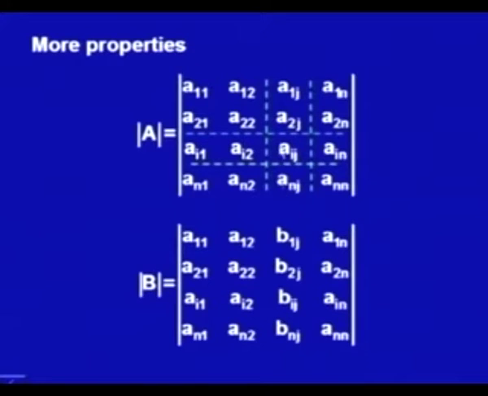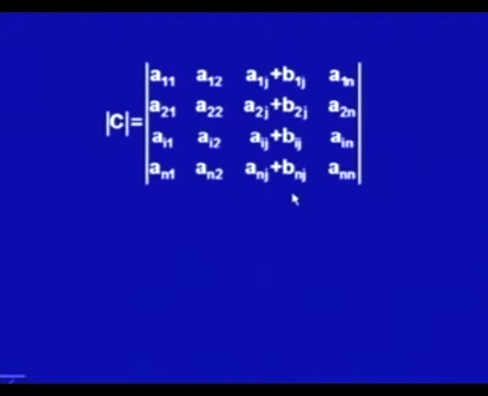This matrix is the same as that matrix; the only difference is in the jth column. So, A11 in the B matrix is the same as here. All rows and columns are the same except this particular column. So, the determinant C is the same as determinant A, but the difference is in the jth column. The jth column is having A1j and B1j, the sum of the two.